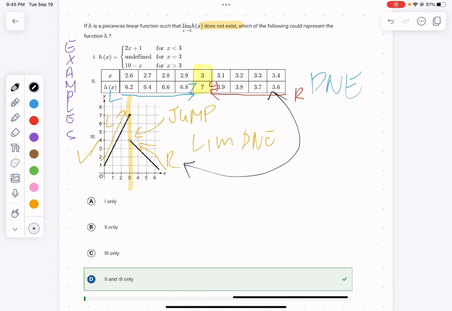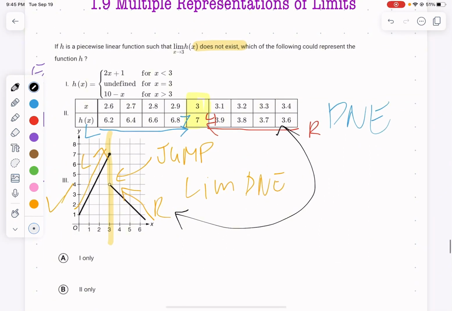Now we're going to break apart choice 1. Here we have our piecewise function. Let's go green. 2x plus 1 is for x less than 3, which is basically the same as saying it's coming from the left. And x greater than 3 is basically the same as saying it comes from the right. We plug 3 in over here: 2 times 3 is 6, plus 1 gives you 7. So as it approaches from the left, the limit is 7.